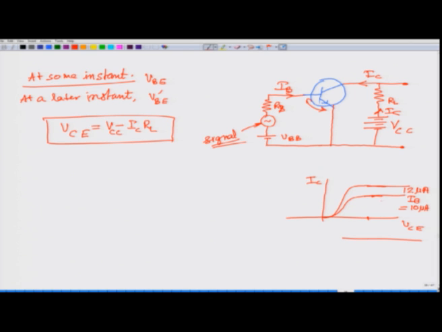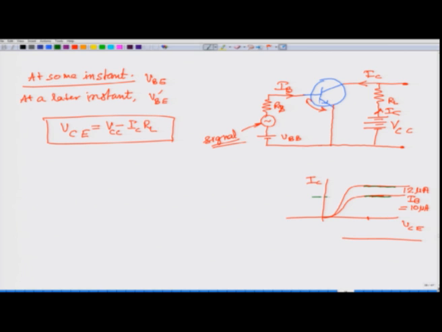So, one thing is, if I look at the output characteristics, from IB equal to 10 microampere I have gone to IB equal to 12 microampere. From this curve I have gone to this curve, but I have also changed this VCE a little bit. But if you are within this zone, which is not close to saturation, then it does not matter, your current does not change significantly.